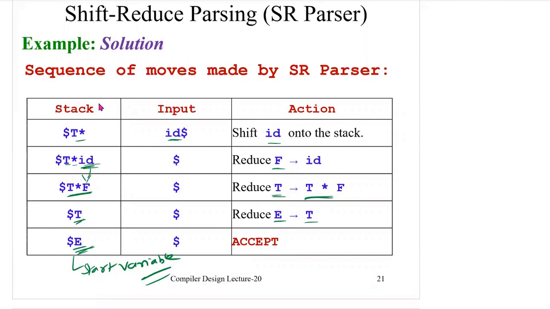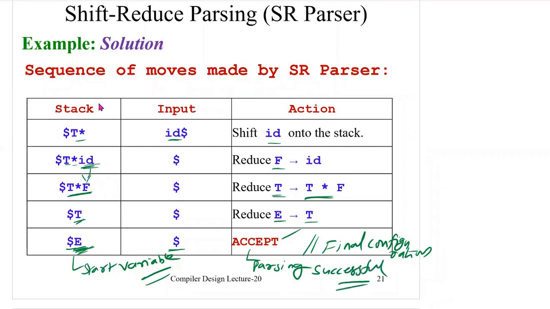Therefore, what is the final configuration of the SR parser? The stack contains $ and the starting variable; here E is the starting variable. The input buffer is empty, showing $. Therefore, what is the action? Accept, that means parsing successful.